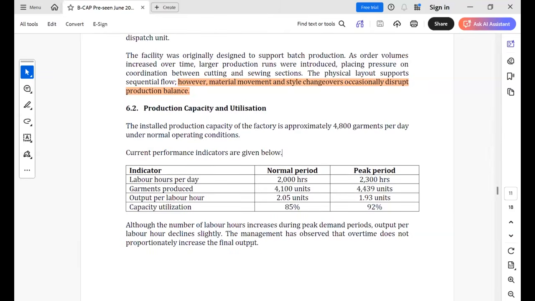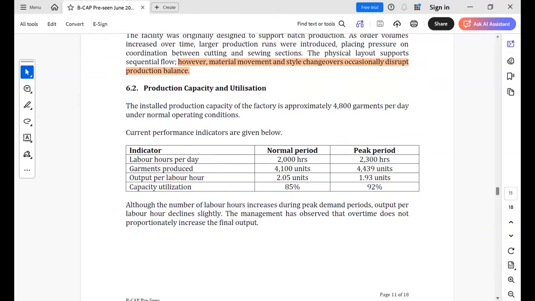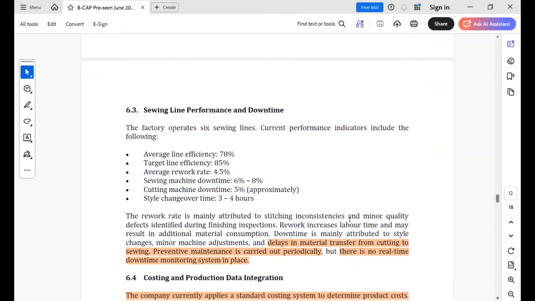Different production-related KPIs have to be set, and each KPI must be followed on a daily basis. Sometimes in garment manufacturing, they follow hourly KPIs. So in this case, there is no such KPI setup, and also there is no follow-up process, right? Okay.